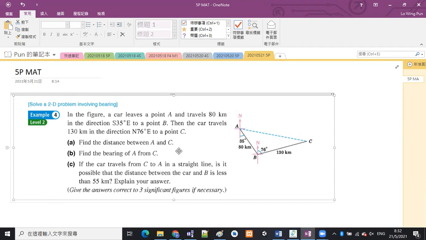The first letter is always either north or south, starting from north or starting from south. This is the definition. Okay? And then the second letter is always east or west.